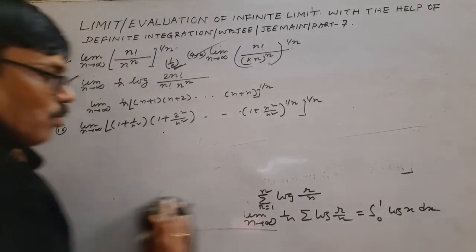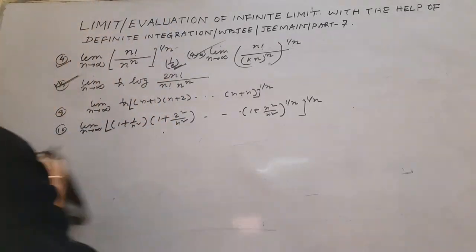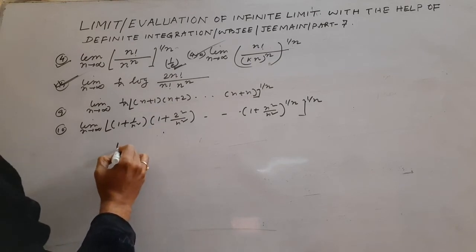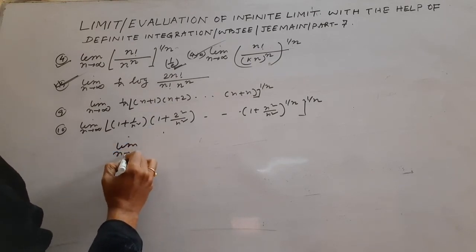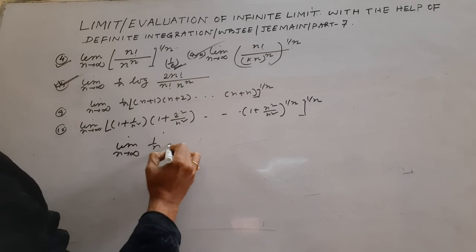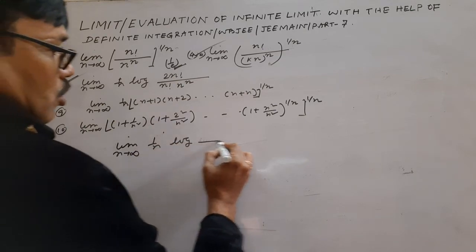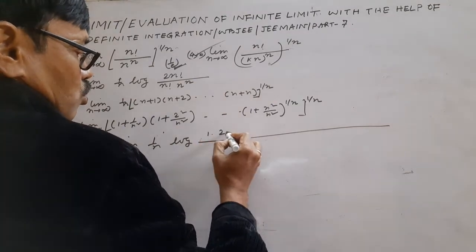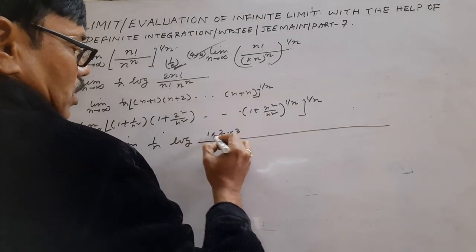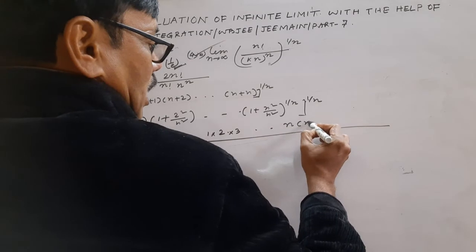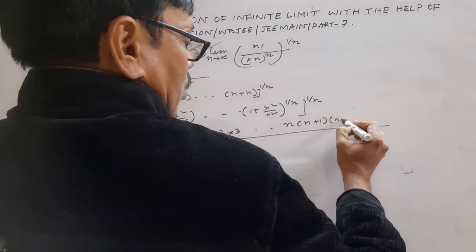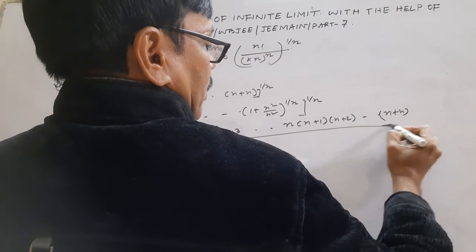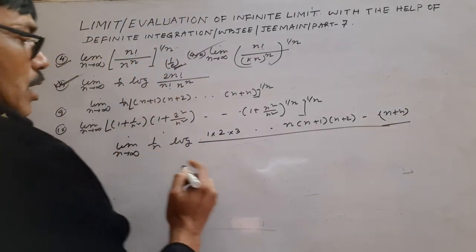Now, problem number 11. Limit n tends to infinity, 1 by n is present. Log of (2n)! upon n to the power n. So what is (2n)!? 1, 2, 3 factorial 2n, divided by n plus 1, n plus 2, up to n plus n, and factorial n.